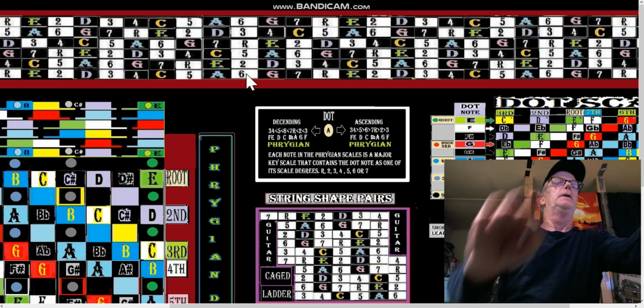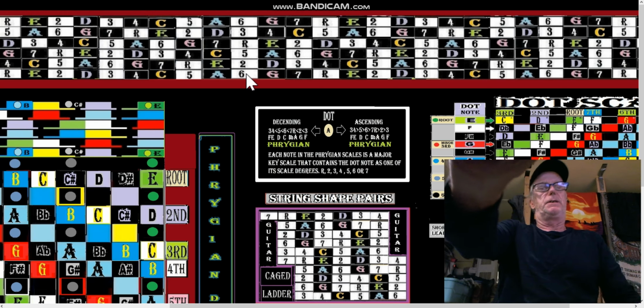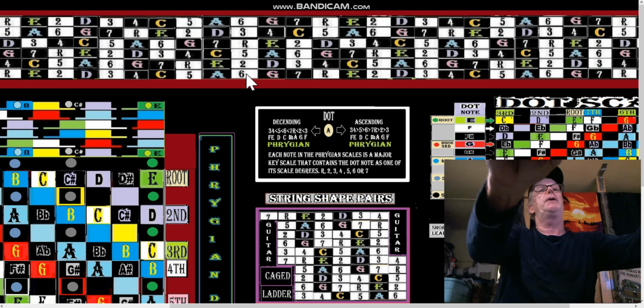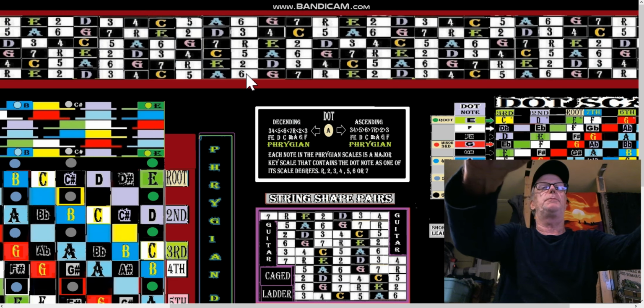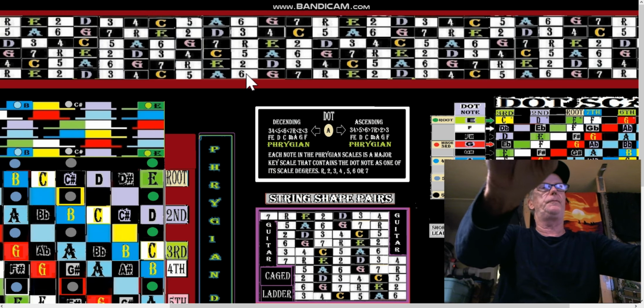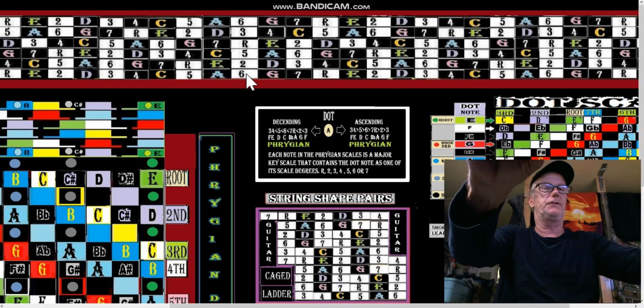Okay, that A is the 6th of the root, but now that dot scale becomes 7 scales. So it's the 6th of the root, but it's the 5th of the 2nd, the Dorian. It's the 4th of the Phrygian. It's the 3rd of the Lydian.